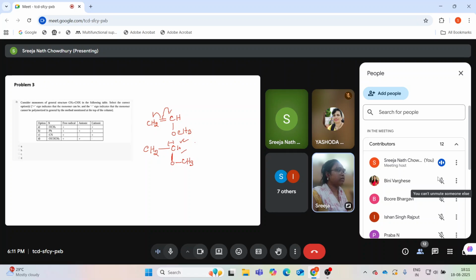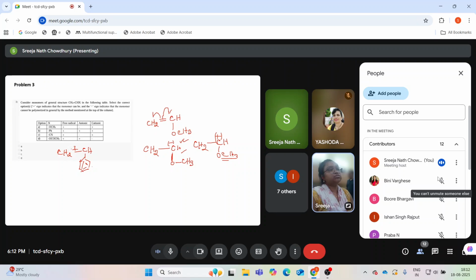So next, option B: CH2 double bond CH with a phenyl ring, this is nothing but styrene. We all know that styrene can undergo free radical, anionic and cationic polymerization. Why is it so? Free radical polymerization can readily occur with the dissociation of this bond, forming free radicals. And what about anionic and cationic? As the phenyl ring is attached, the phenyl ring shows both plus R and minus R effects.